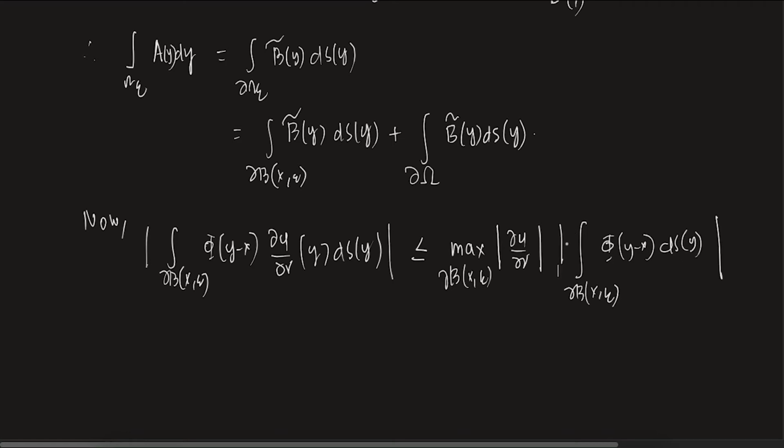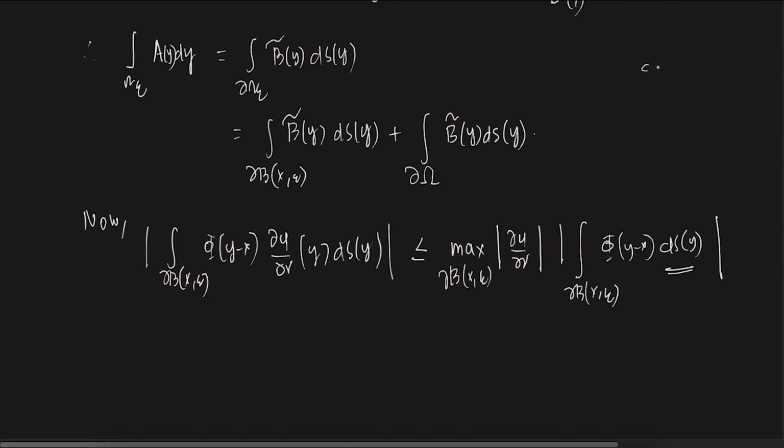Now see what phi is. I'm doing this integration such that y is on the boundary of the ball centered at x with radius epsilon, and I want to integrate phi of y minus x here.